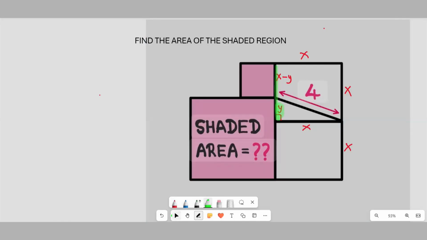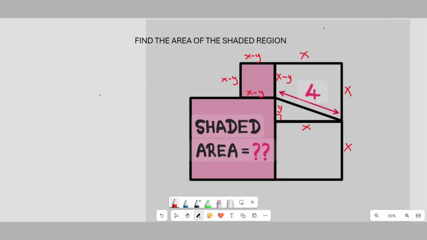So it's X minus Y for that, and this is X minus Y as well, going around, also X minus Y.